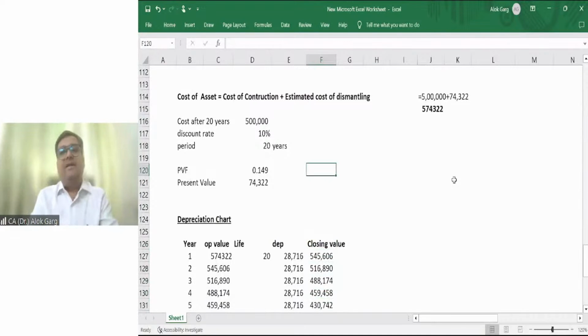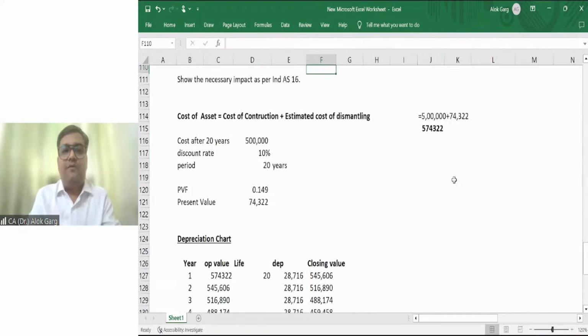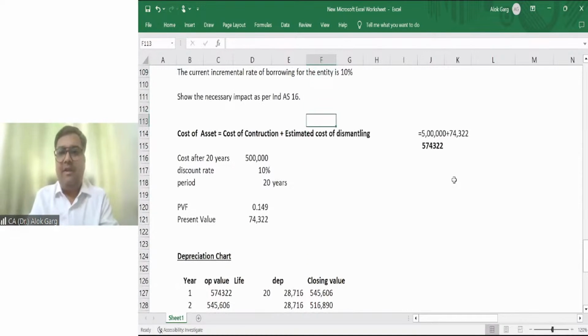Why? Because the total depreciation is 574322, which was depreciated over the useful life of 20 years. Now, friends, I understood that 5,74,322 is the cost of the asset.